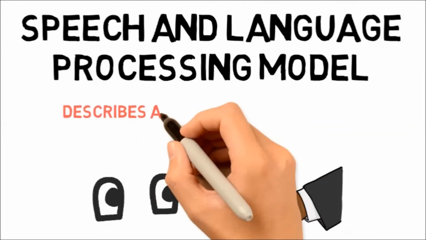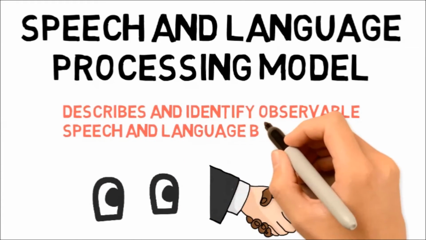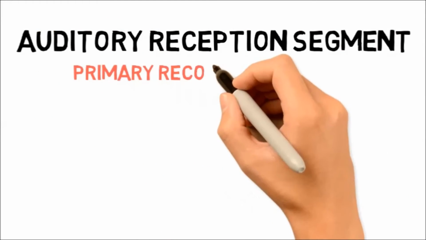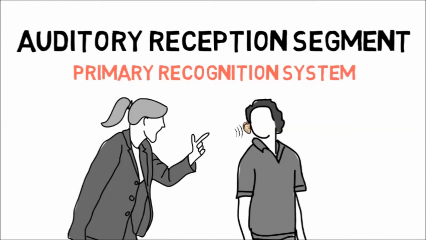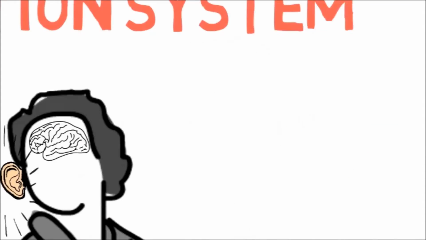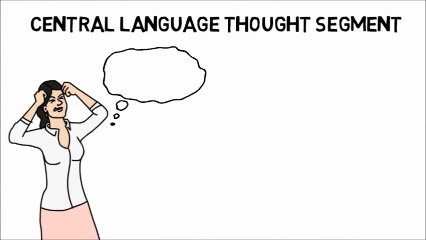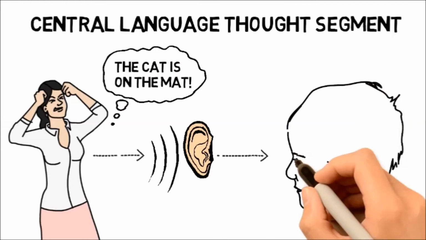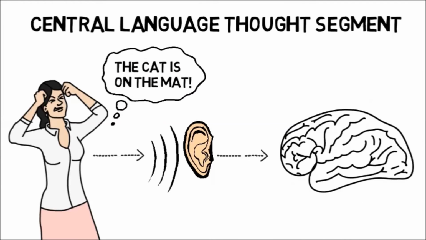SLPM, or Speech and Language Processing Model, is an important model that carefully describes and identifies observable speech and language behavior. Auditory reception segment is the primary recognition system. Analyzing takes place before spoken messages can be understood. Central language thought segment allows the individual to understand what he hears, to integrate previously learned information and experiences with new information.